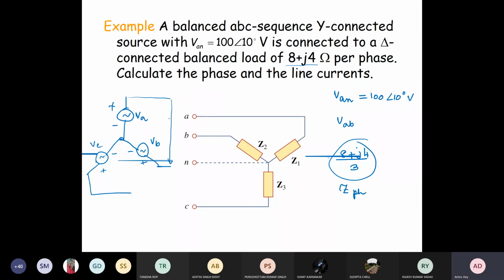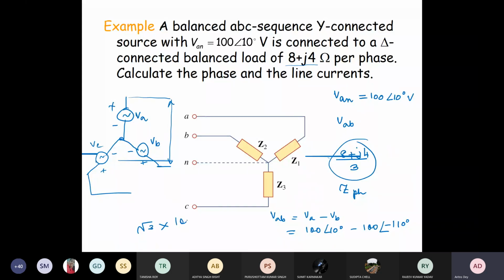What is your VAB? VAB is equal to VA minus VB. So VA is 100 angle 10 minus 100 angle minus 110. Either you can change from polar to rectangular, or you can just do the phasor sum. It will be root 3 into 100.